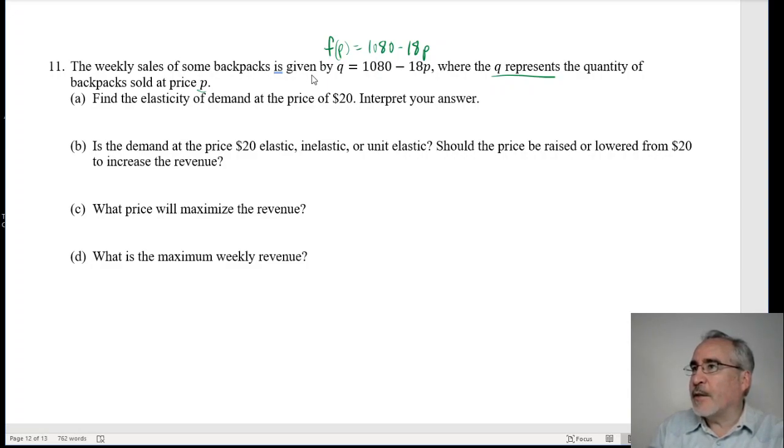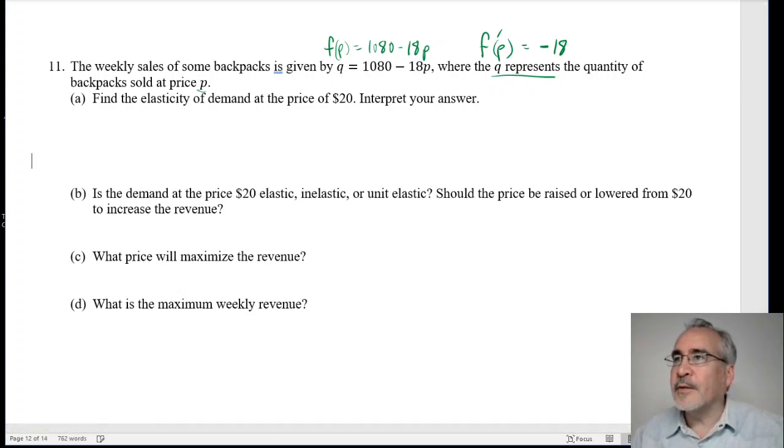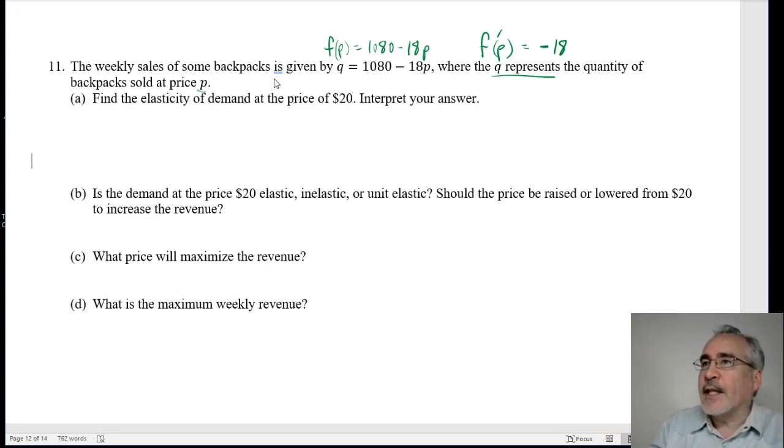So elasticity of demand, remember, we're going to be using the derivative of the demand function. So the derivative of this function: derivative of 1080 is 0, derivative of minus 18P is negative 18. So let me click in here and give a little bit more room. Okay, now let's come back. So what we want: find the elasticity of demand for a price of $20.